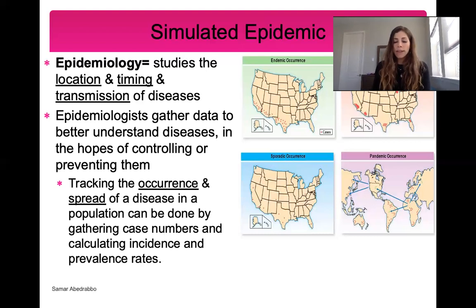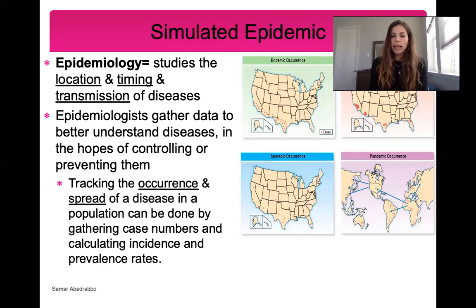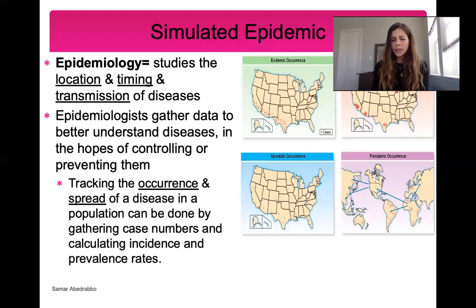Once we have an epidemic, it can quickly turn into a pandemic, as we've all seen with coronavirus. So you gather all this data in epidemiology and try to come up with a conclusive way to control or prevent the disease. Right now, with the coronavirus pandemic, the controlling methods are having everyone wear masks and quarantining, and we'll learn more about that in lecture.